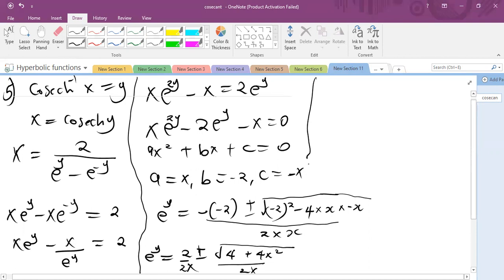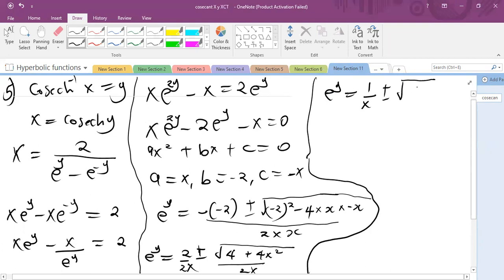Okay, so to solve this, this simplifies to e^y is equal to 1 over x plus or minus, if we factor out root 4, we will get 2, so 2 divided by 2 there. So inside the square root sign, we will remain with 1 plus x squared, all this divided by x.